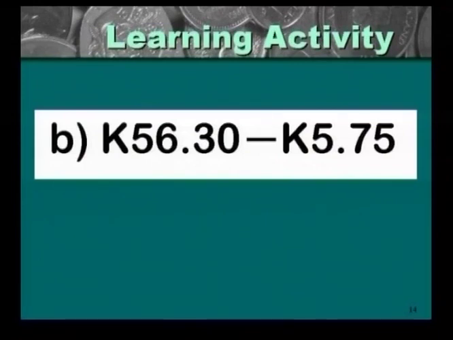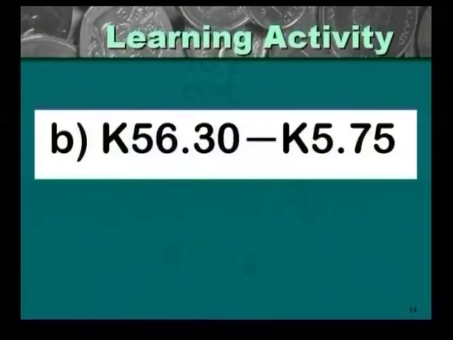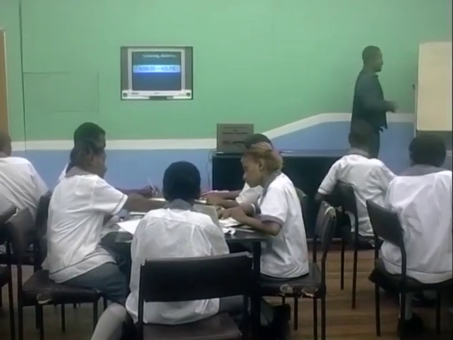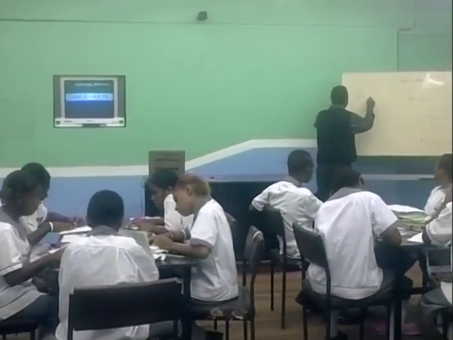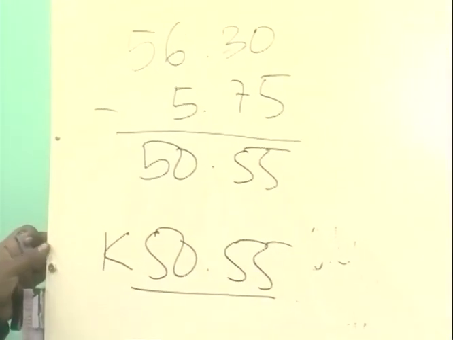Yes, Rachel. 61 Kina, 5 Toya. Is it correct? 50 Kina, 55 Toya. Okay. 50 Kina, 55 Toya. Good.